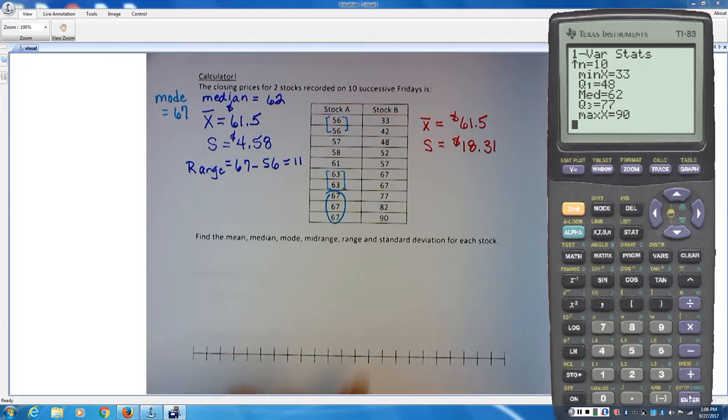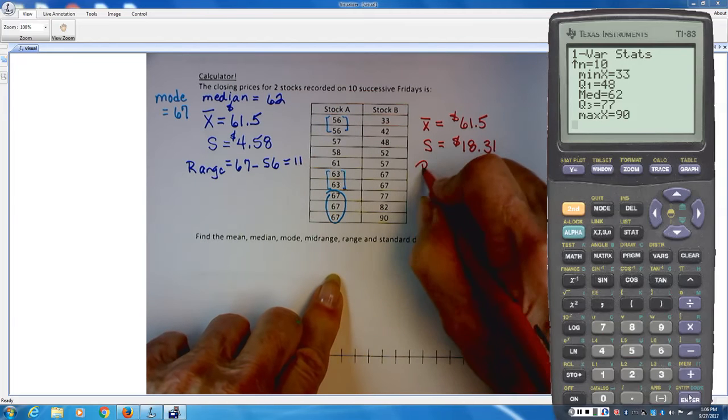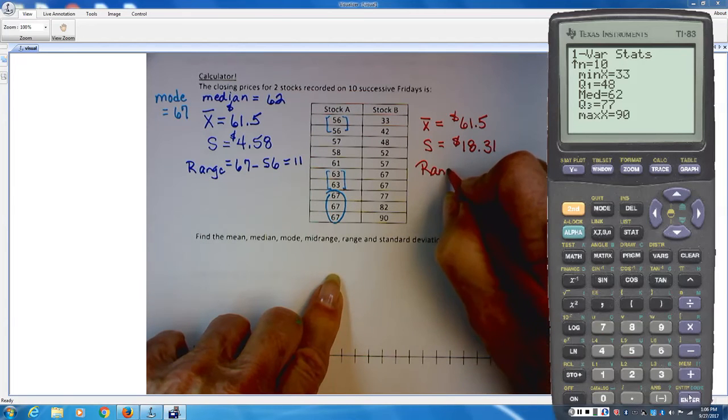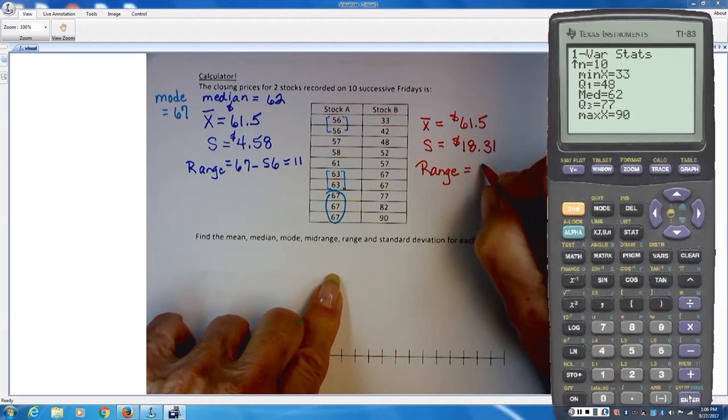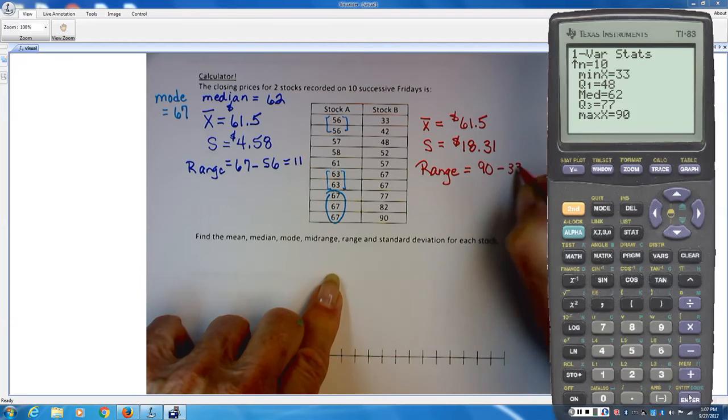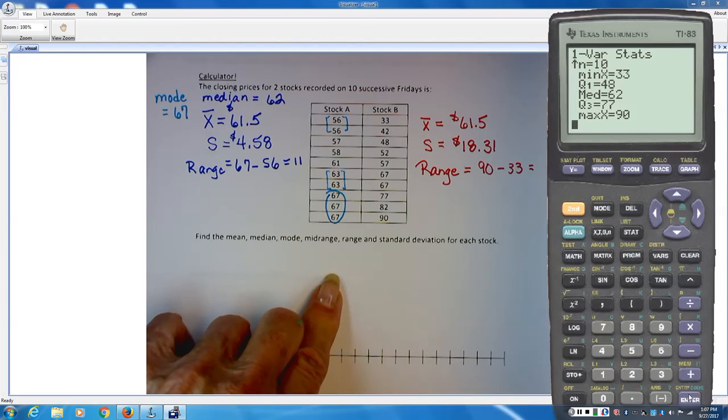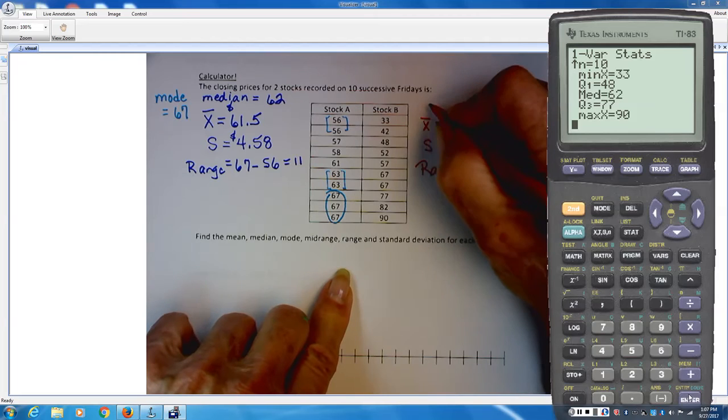The range for that stock is 90 minus 33. And 90 minus 33 is 57. Somebody want to check my math? And then we see that the median again is 62.